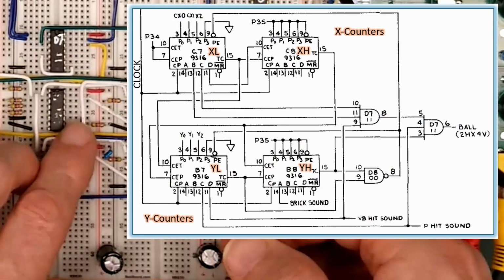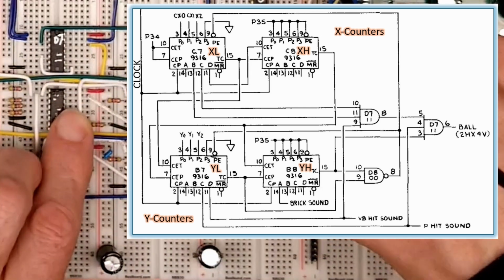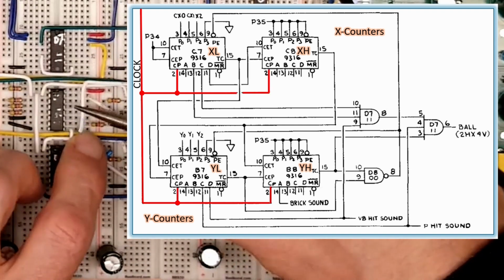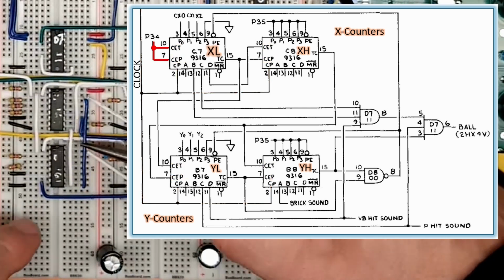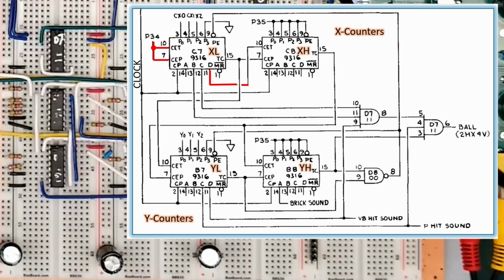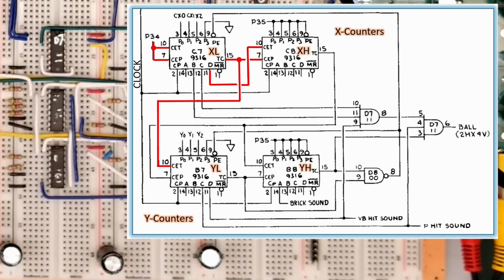Let's see how these counters are hooked up. Just like before, these are synchronous, so the clock goes to all counters at the same time, and stepping is enabled via the CE inputs. The low order X counter is enabled all the time, so it steps every clock. When it reaches all 1s, TC turns on, allowing the high order X counter to step at the rise of the next clock.